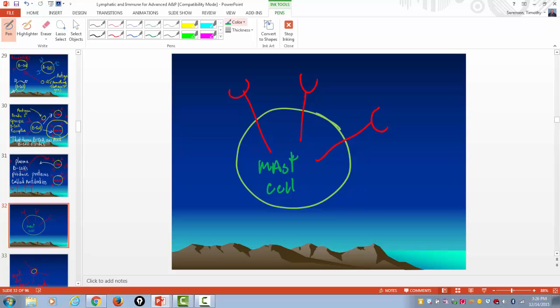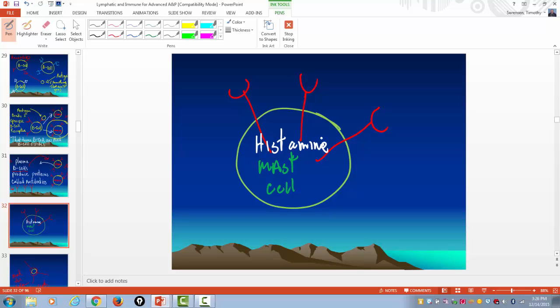And mast cells contain, we talked about this, a chemical called histamine. What do histamines do? They cause massive arterial vasodilation, and they cause increased capillary leakiness. So the capillaries start leaking fluid.